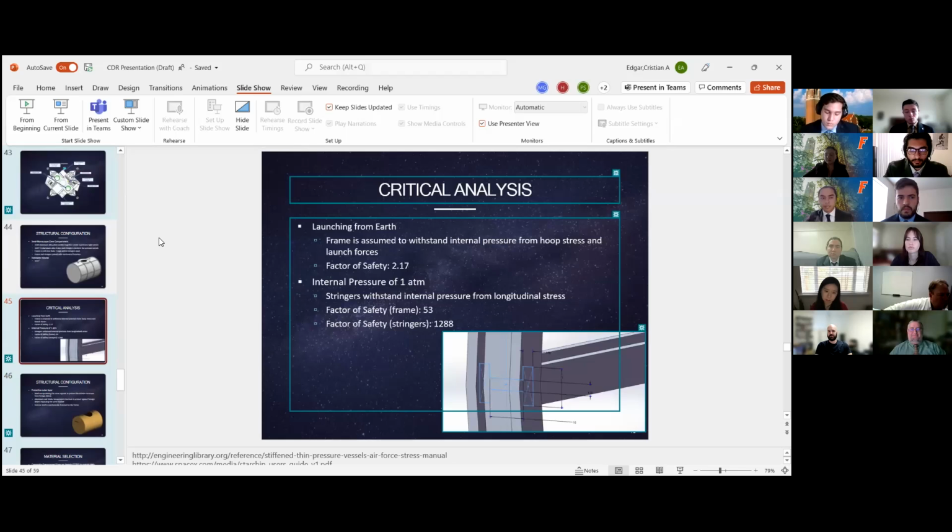Some assumptions that we made regarding launching from Earth are that all of the force is being put on the frame. The stringers and skin will not be receiving any of that force. To determine the forces on the frame, we assumed the frame can be treated as 2 vertical columns.